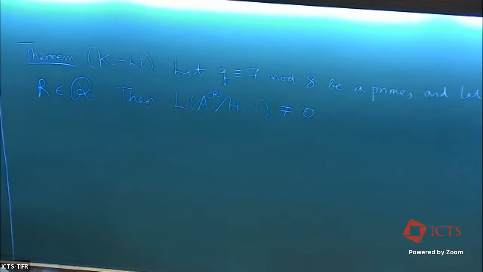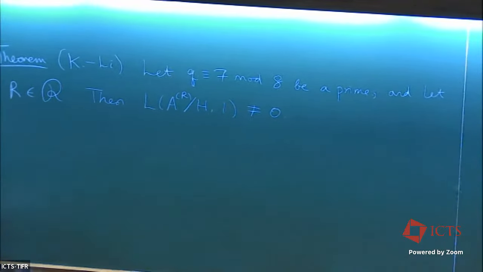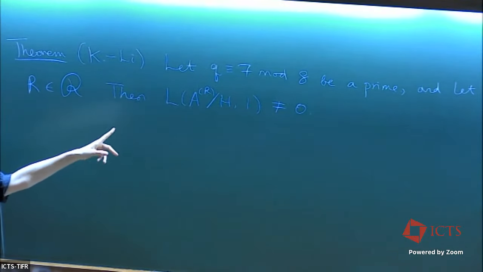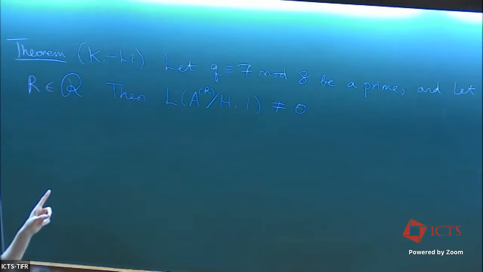So first of all, why are we happy with this theorem? Because by the theorem of Gross-Zagier and Kolyvagin, you can get that the Mordell-Weil group of A twisted by R over H and also the Tate-Shafarevich group are finite.